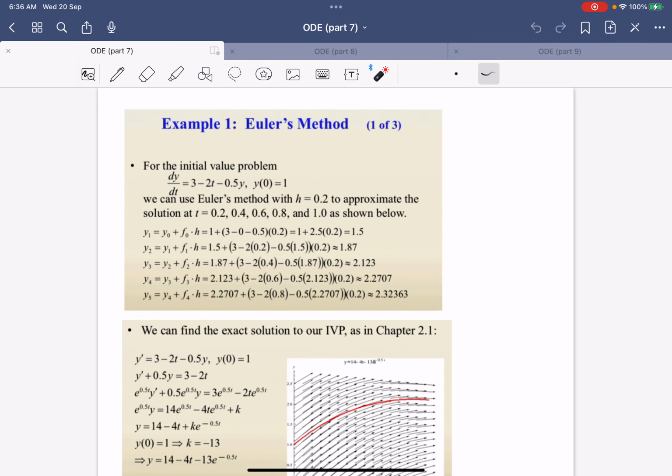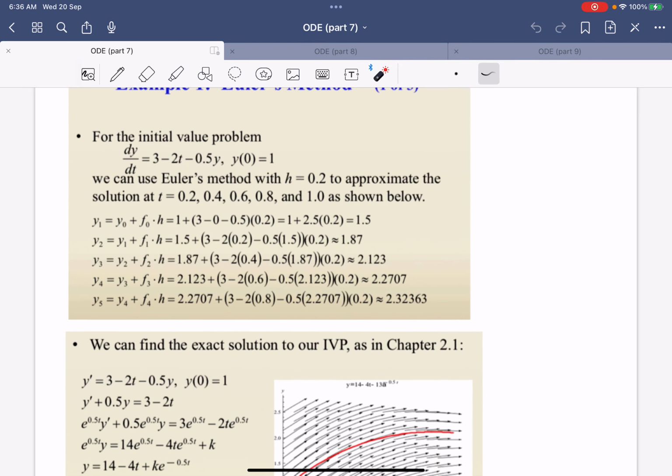So let's take a look at an example. We have this initial value problem, and we use Euler's method to approximate the solution at t = 0.2 all the way to 1. And these are the following results.